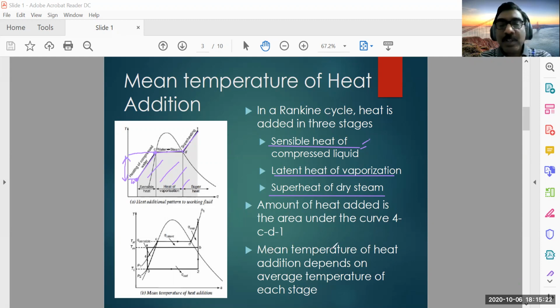So we will see a small analysis to find an expression for the mean temperature of heat addition.